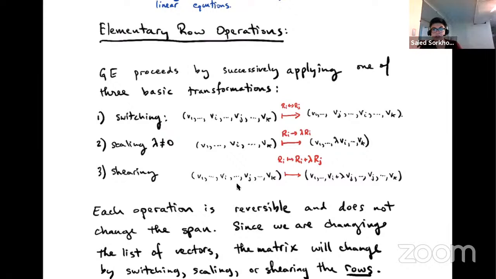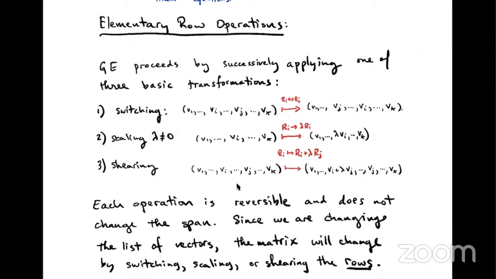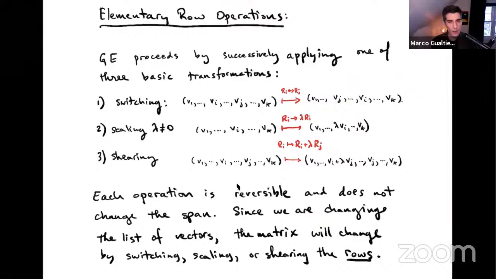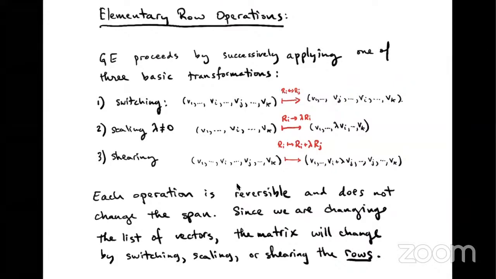Okay, G Cow has a question. Yeah, go ahead. My question was about you mentioned we can use this to check if the span of two lists of vectors are the same. So are you saying the RRE form of a span of list of vectors is unique?